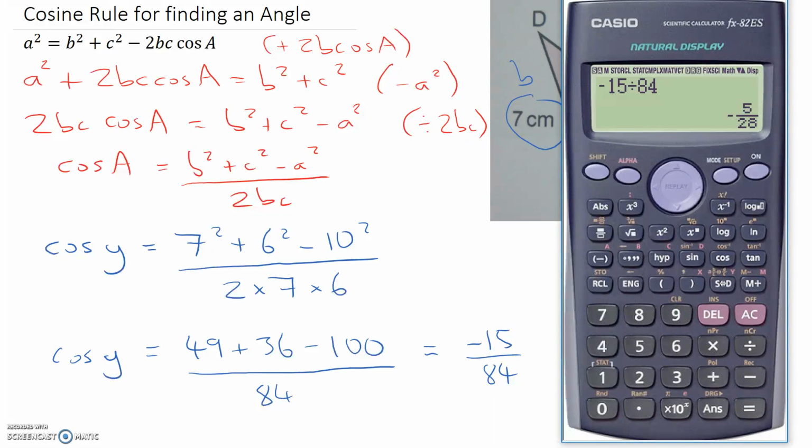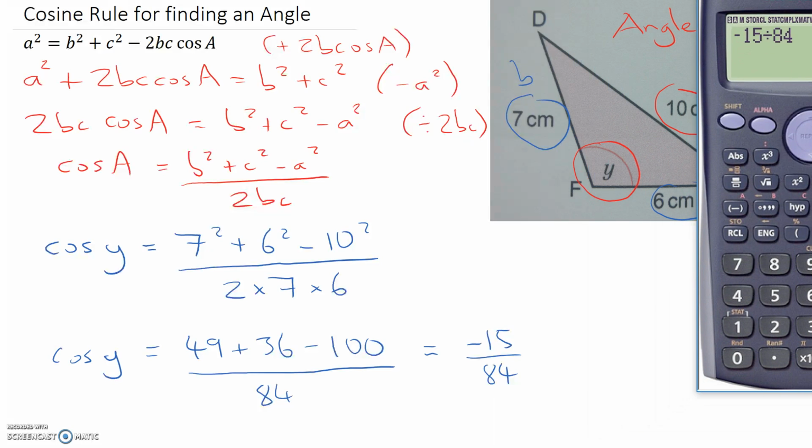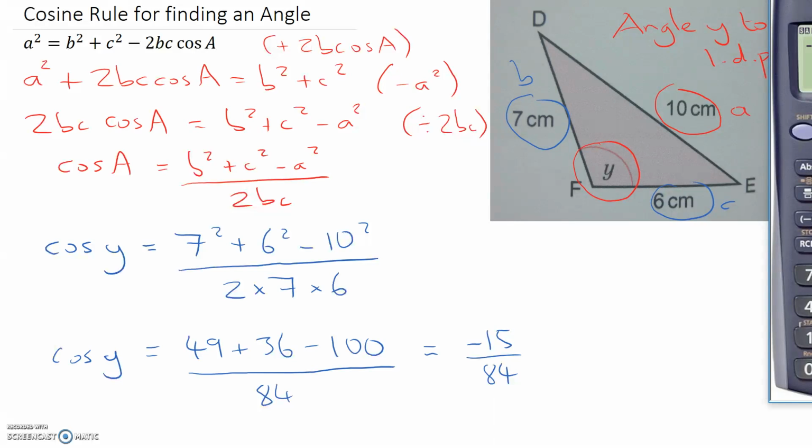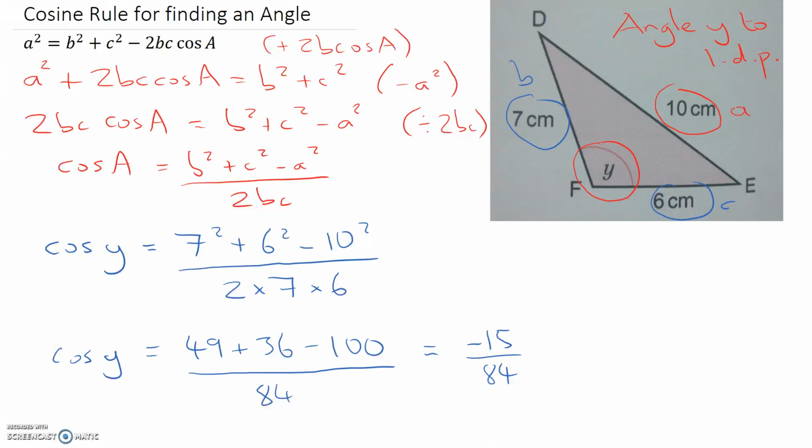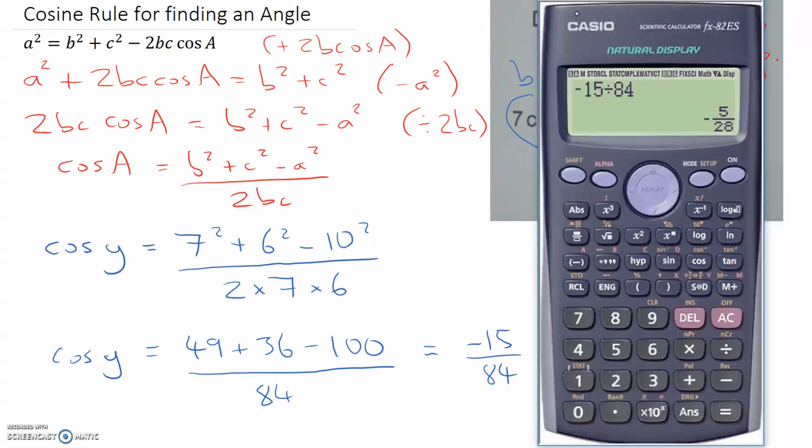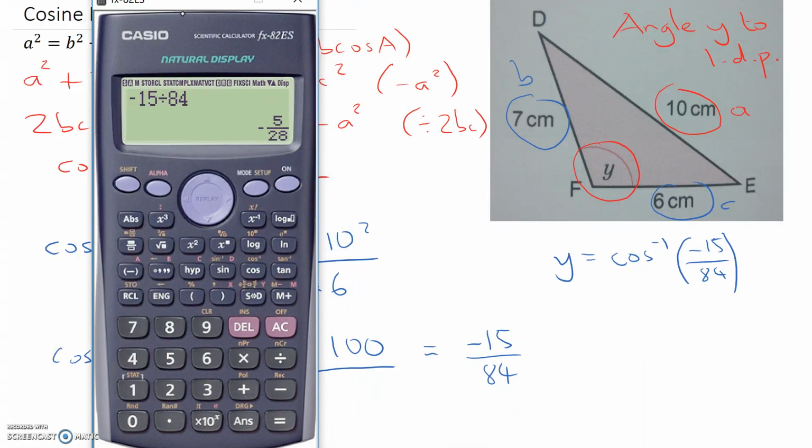If we want to find y, we need to say that y is equal to the inverse cosine of minus 15 over 84, or simplified, the inverse cosine of minus 5 over 28.